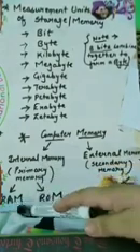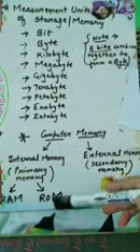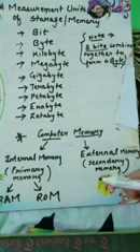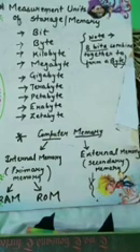RAM stands for random access memory and ROM stands for read-only memory. Now children, in this video we'll discuss the external memory, that is secondary memory. And also we will discuss all the storage devices. So let's continue with the next topic.